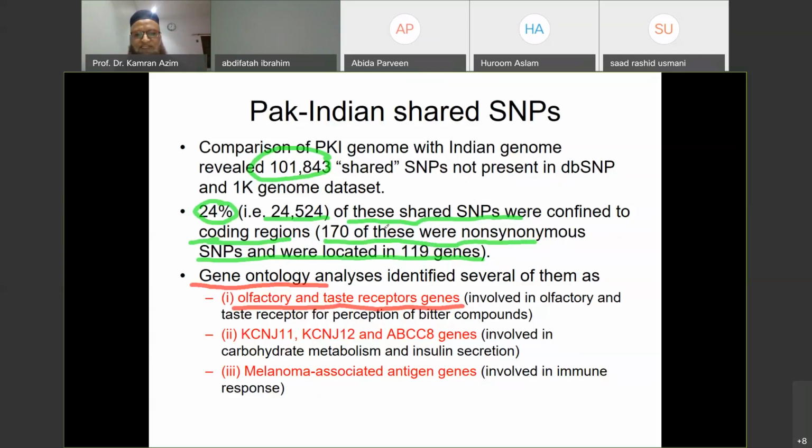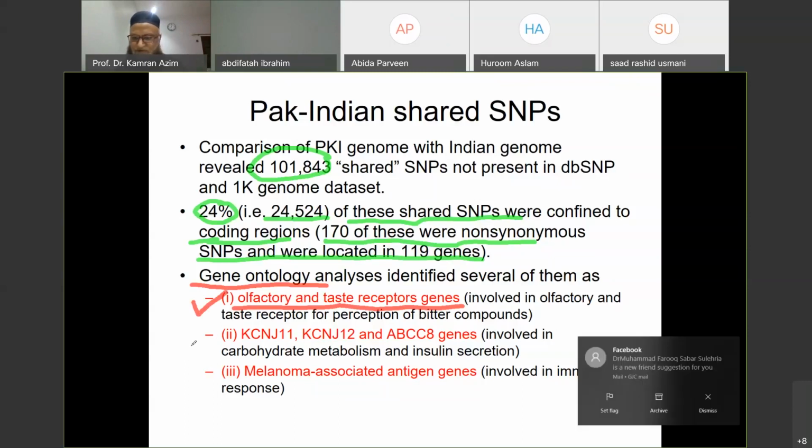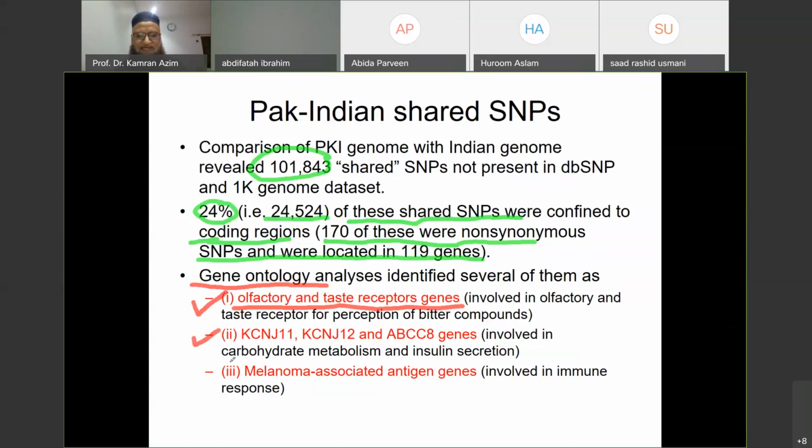So the genes involved were classified into olfactory or taste receptor genes. This was the first category. Another category was genes involved in carbohydrate metabolism and insulin secretion.